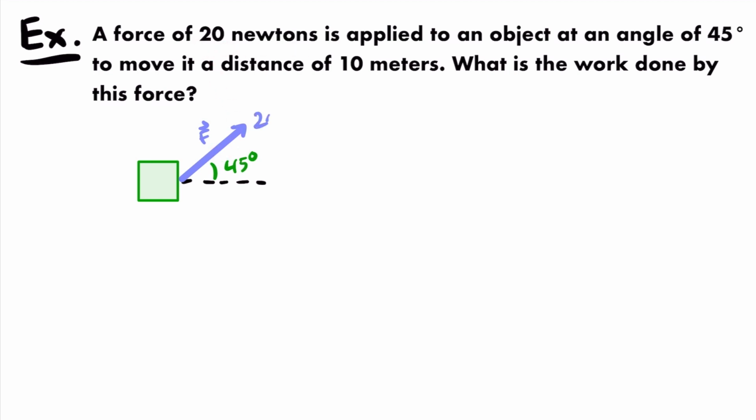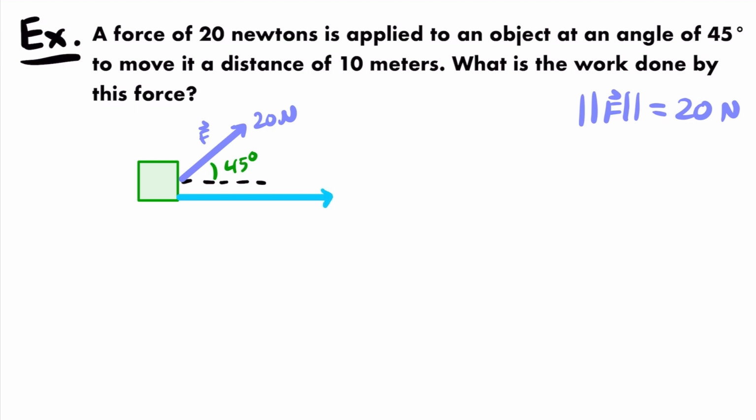And what that actually represents is the magnitude of that force, right? 20 newtons is the amount of force applied to the object, so the magnitude of the force vector is equal to 20 newtons. Then we're also told that because of that force, this object moves a distance of 10 meters. So our distance vector will look something like this.